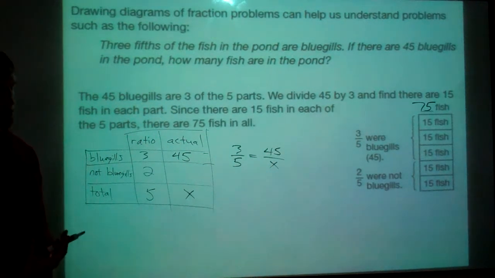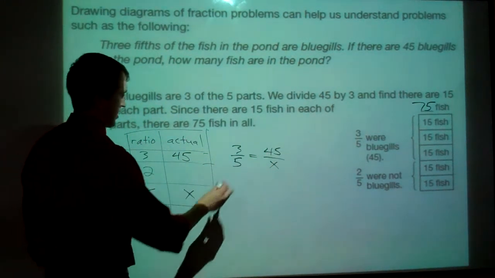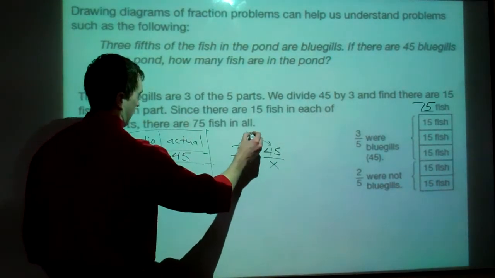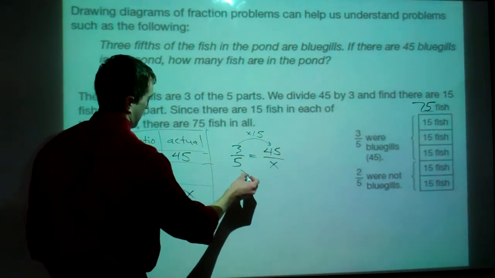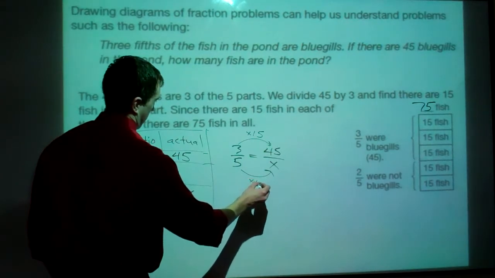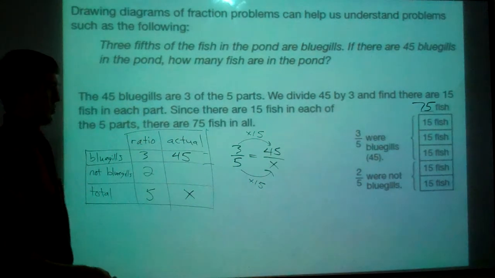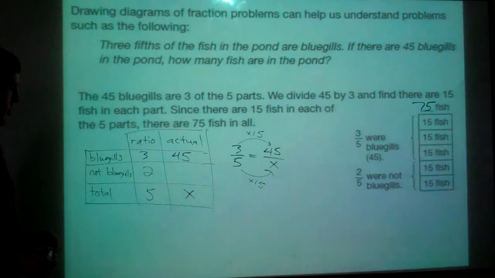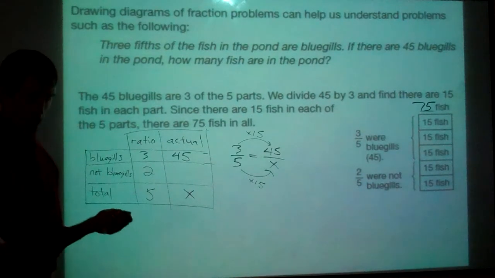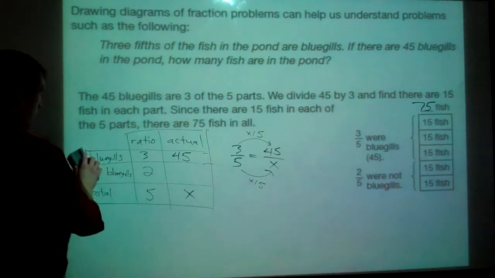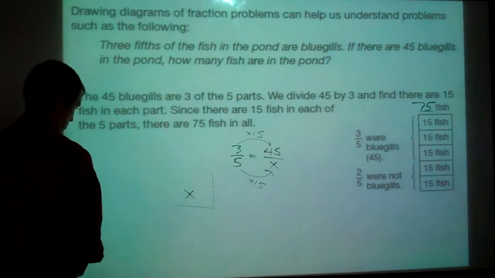You can cross multiply and divide, or you can see that 3 times 15 gets you to 45. So 5 times 15 will get you to x, which is 75. Either way you want to do it is fine. There are always multiple ways to do things.